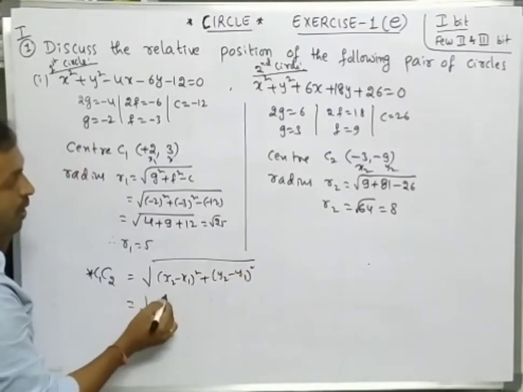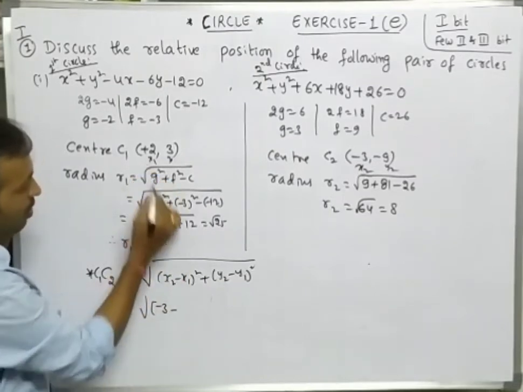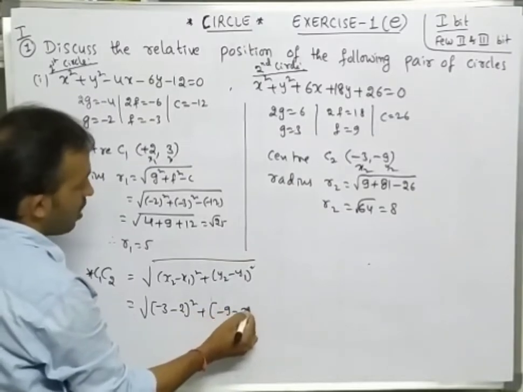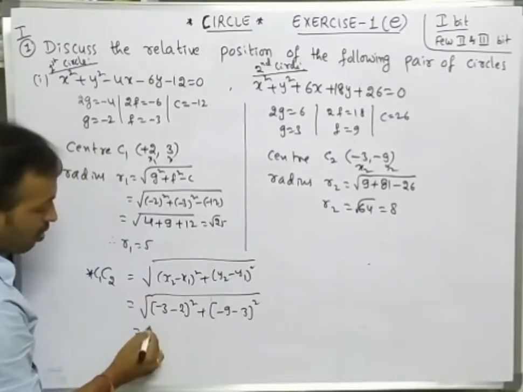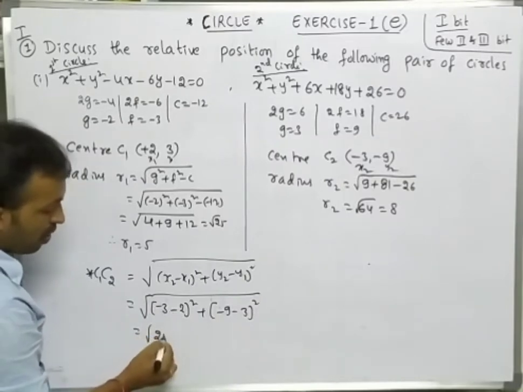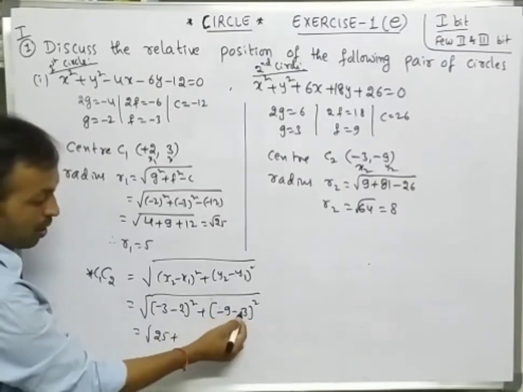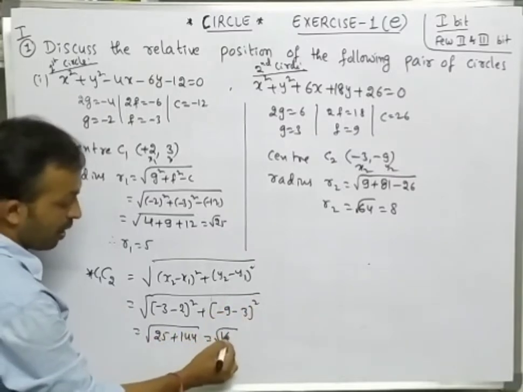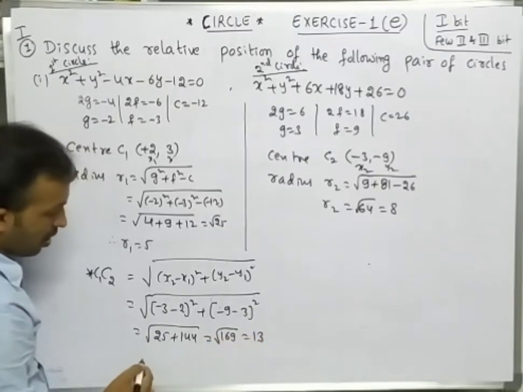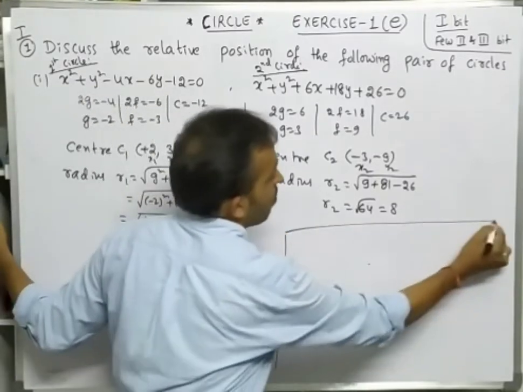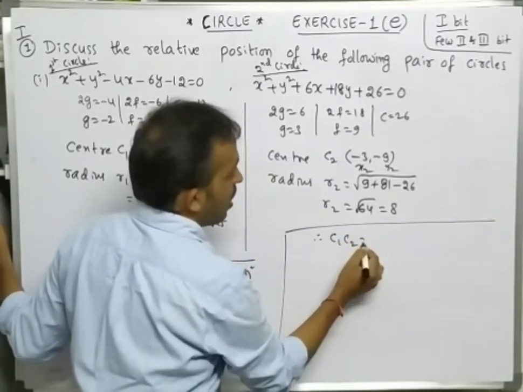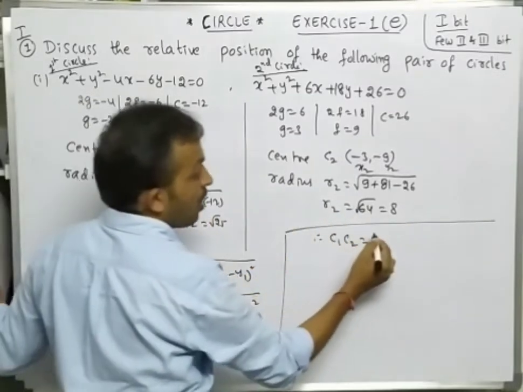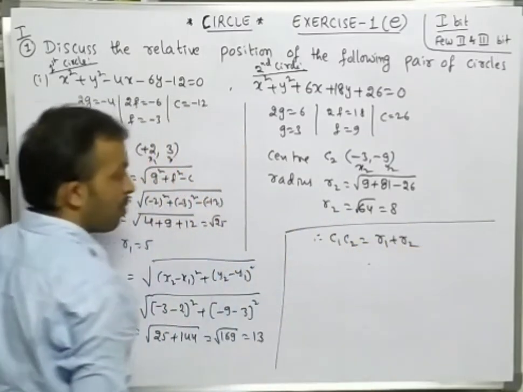So under root of minus 3 minus 2, that is minus 5, whole square 25, plus minus 9 minus 3, that is minus 12, whole square 144. This is 169, and the square root of 169 is 13. So c1 c2 is 13, r1 is 5, r2 is 8, and 8 plus 5 is 13. So c1 c2 is equal to r1 plus r2.